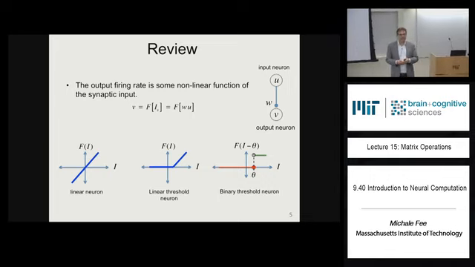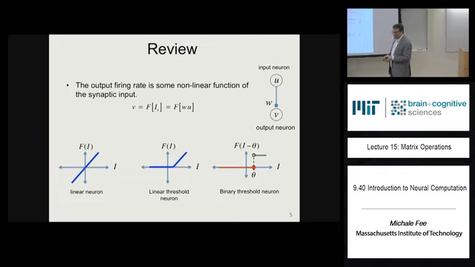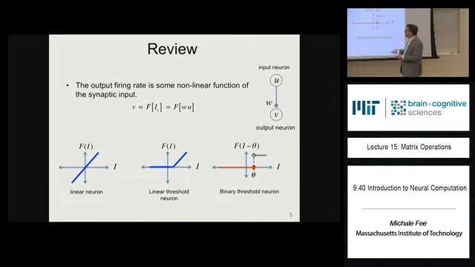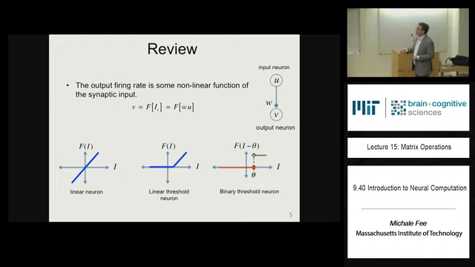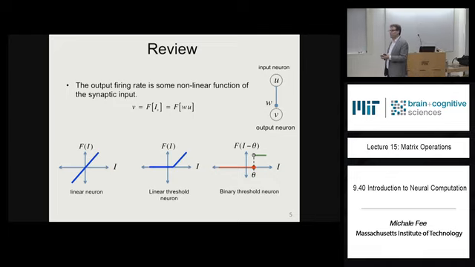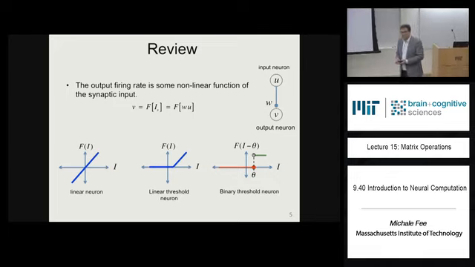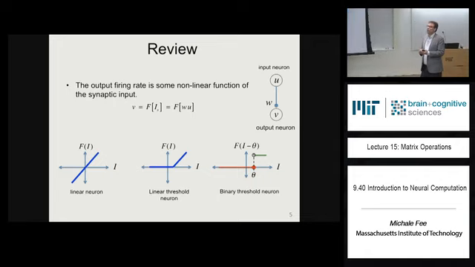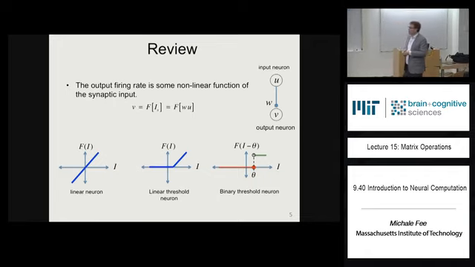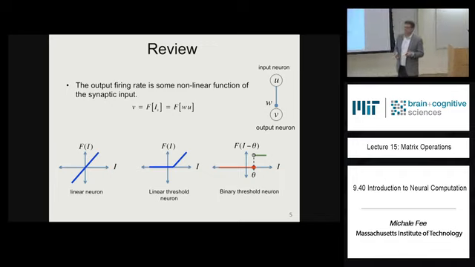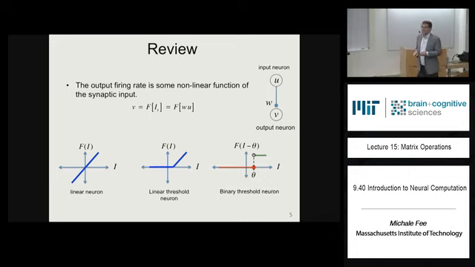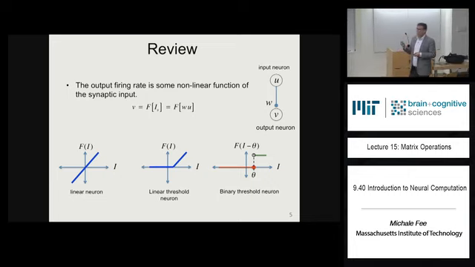And we talked about the idea that although it's biophysically implausible to have neurons that have negative firing rates, this is a particularly useful simplification of neurons because we can just use linear algebra to describe the properties of networks of linear neurons, and we can do some really interesting things with that kind of mathematical simplification. We're going to get to some of that today. And that allows you to really build an intuition for what neural networks can do.